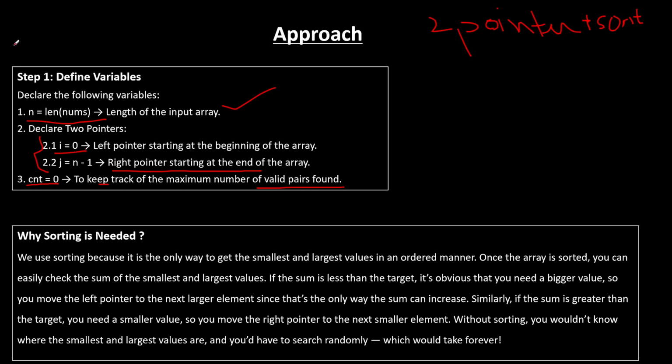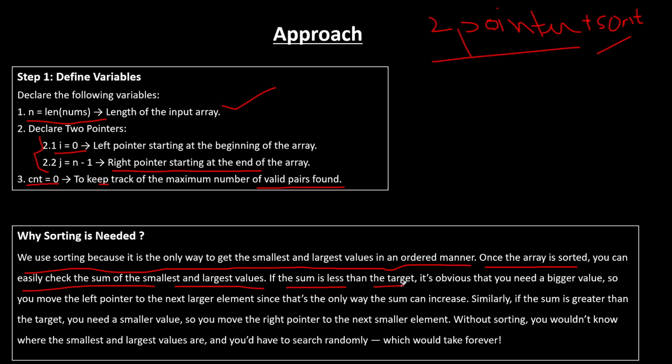Now the thing is, why are we using two pointers and sorting together? We use sorting because it is the only way to get the smallest and the largest values in an ordered manner. Once the array is sorted, you can easily check the sum of the smallest and largest values. If the sum is less than the target, it is obvious that you need a bigger value, so you move the left pointer to the next larger element.